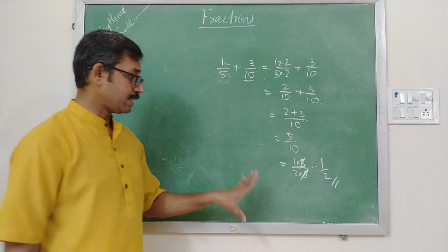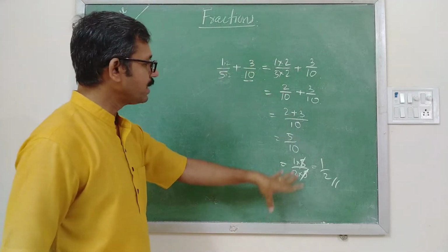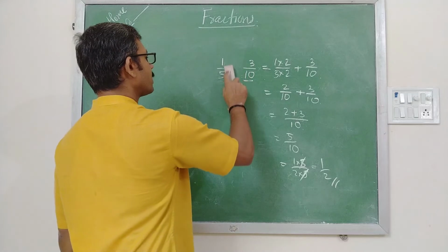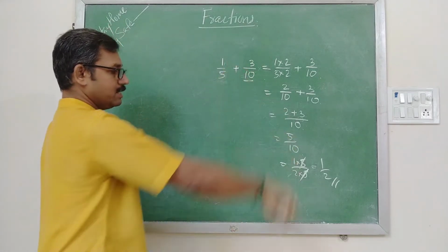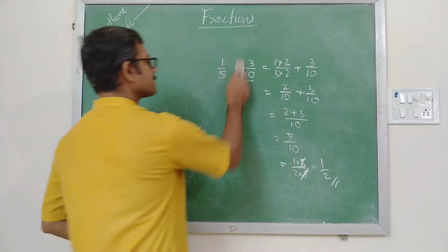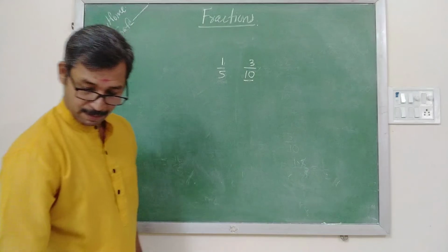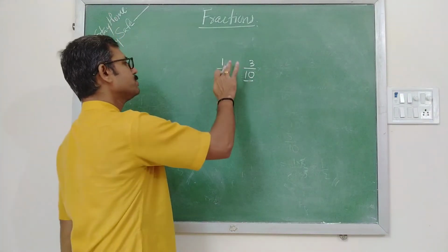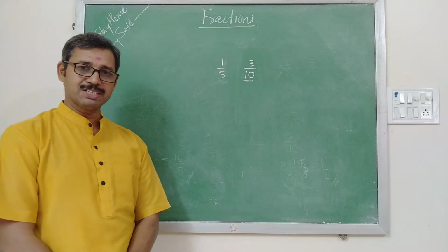Now, in the same way, the comparison works. Let me show you. Suppose you want to compare these two numbers. Write this down, and this. Now, is it possible to compare these two?